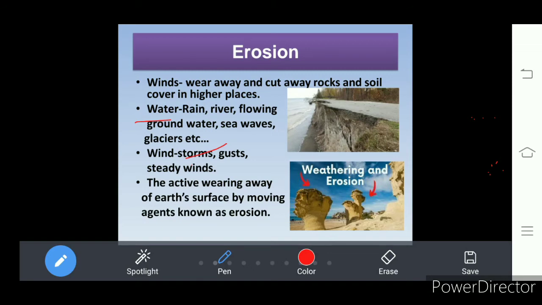And glaciers, what do you mean by glacier? Where ice is accumulated over a period of time, the snowfall where it accumulates, it turns to glaciers. So all these are the different forms of the wind and water.